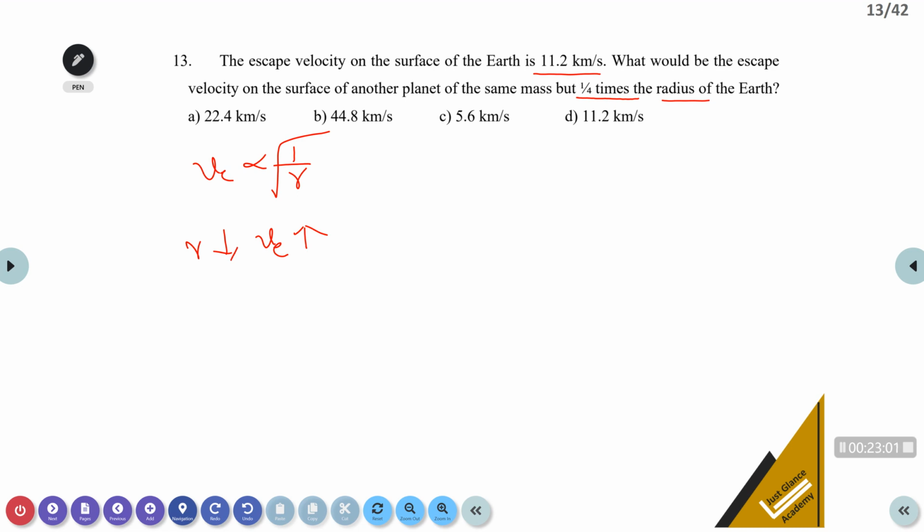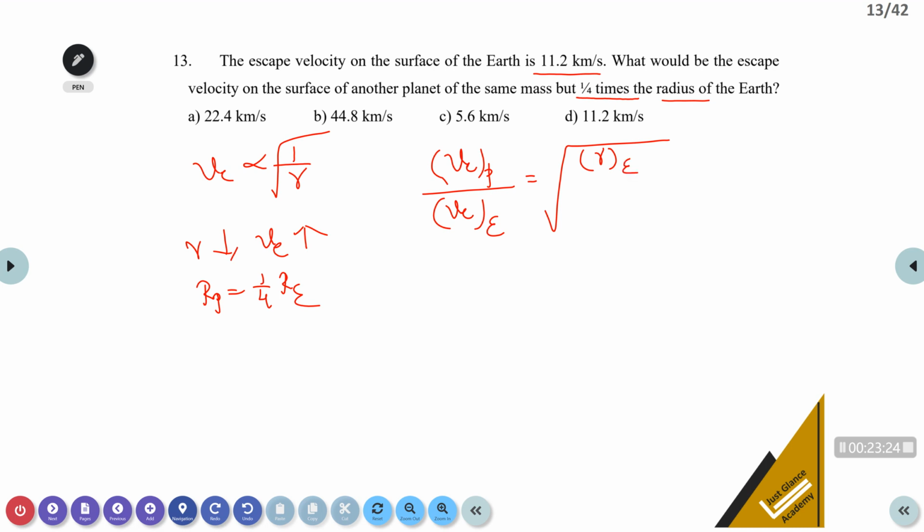He has said that the radius of the planet equals 1 by 4 times the radius of the Earth. Now, escape velocity on the planet divided by escape velocity on the Earth, can I write it like this, radius of Earth divided by radius of the planet, under a square root? Is it right? How are they related? Inversely.